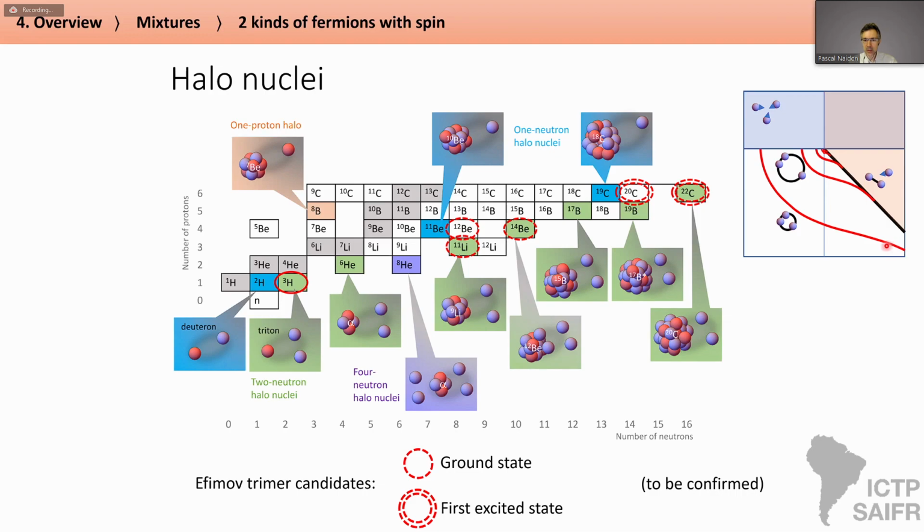So that would be the case, for example, for this one or this one, as I explained. And the other possibility is to have a scattering length for which there's only one Borromean ground state trimer. So that would be the case of this one or this one.